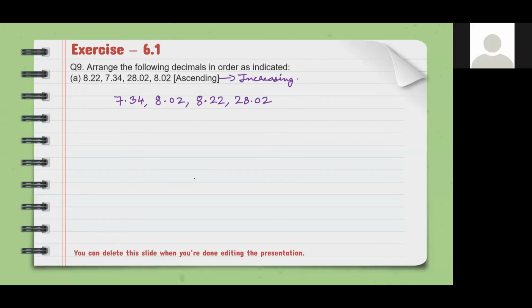If they were unlike decimals, we would first convert them into like decimals, then solve the question in ascending order.